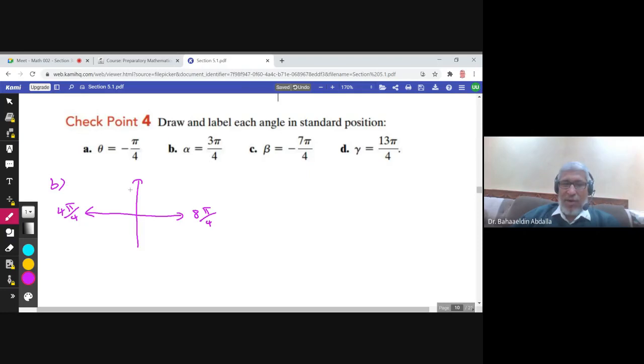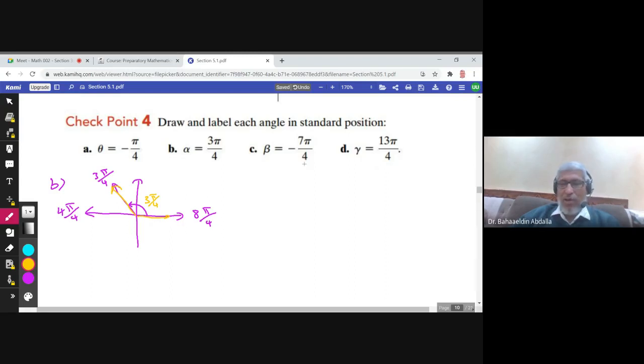So where is 3 pi over 4? It is before 4 pi over 4. So it is here. So this angle is 3 pi over 4. This is the initial side of this angle, and this is the terminal side of this angle.